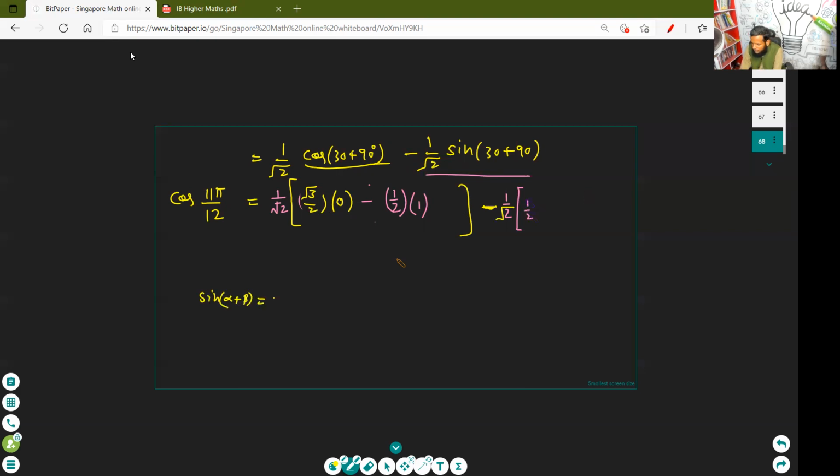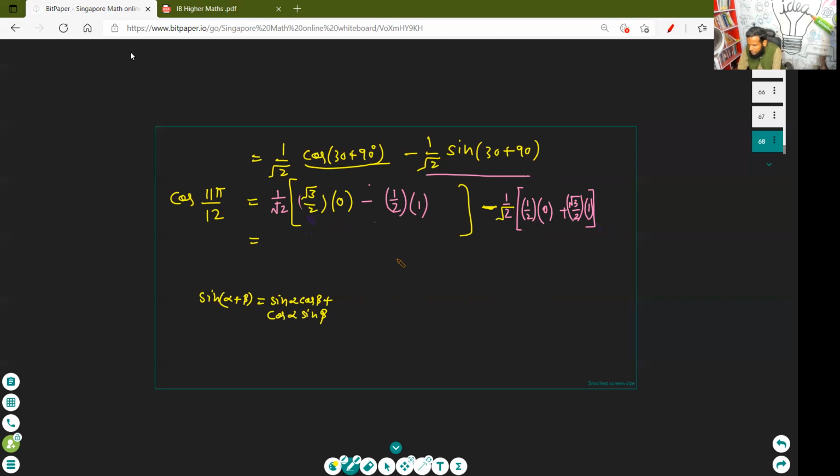Sin alpha plus beta is sin alpha cos beta plus cos alpha sin beta. Cos 90 is 0, plus cos 30 is root of 3 over 2, and sine 90 is 1. Okay, good. One term will be 0. You should ignore this term.